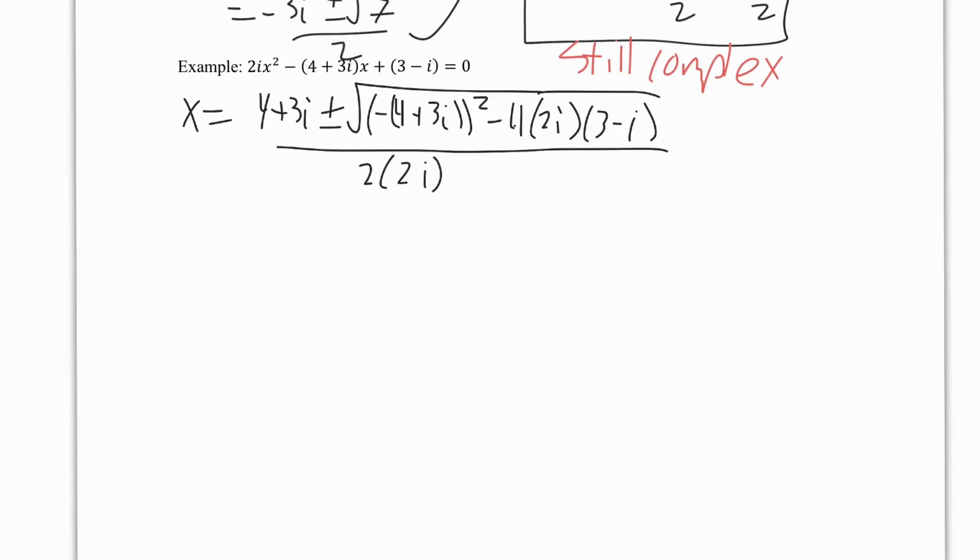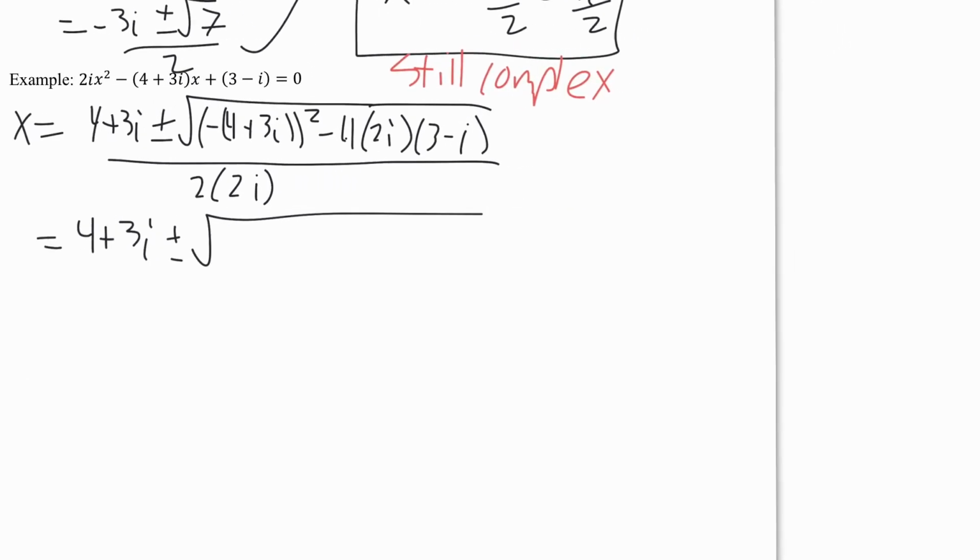Alright, well we have a lot of math to do here, so let's try to do it step by step. We definitely have to do that square inside the square root. The square will square away the negative, so that doesn't matter anymore. And so maybe let's do the other part on this side here.